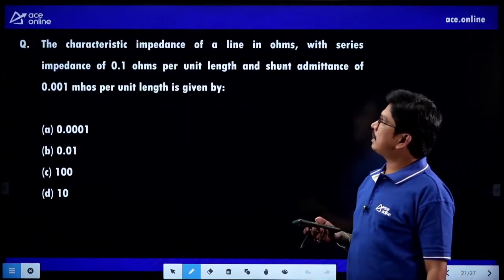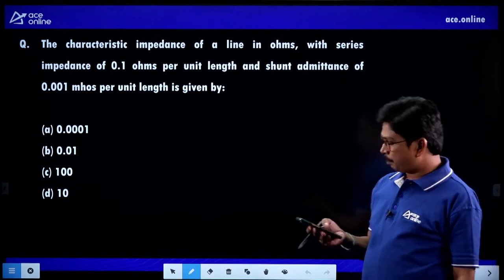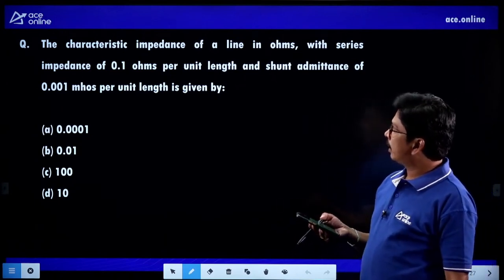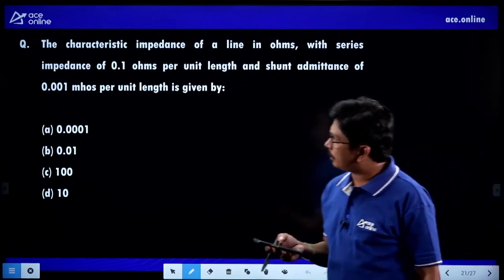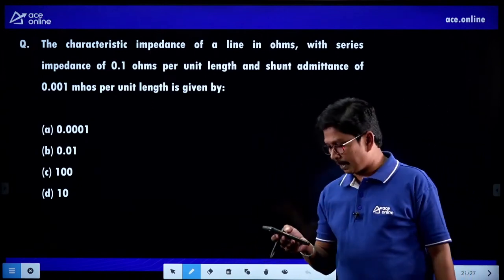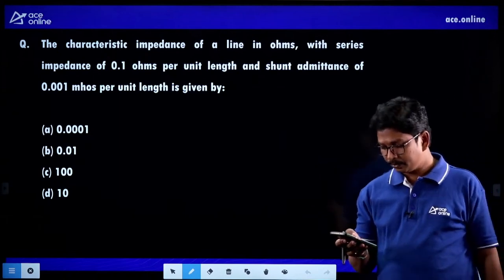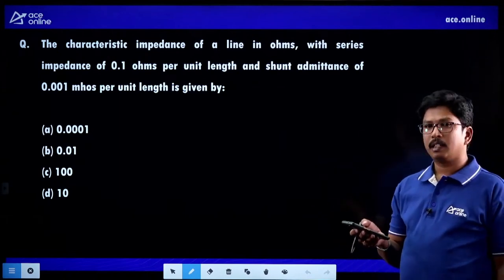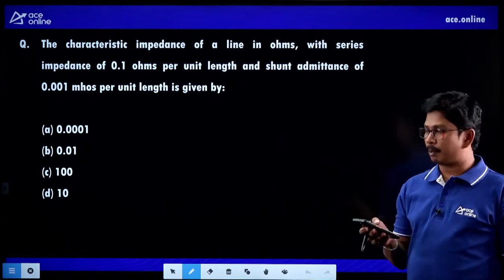The characteristic impedance of a line in ohms, with series impedance of 0.1 ohm per unit length and shunt admittance of 0.001 mho per unit length, is given by? Tell me what is the answer? What is the characteristic impedance?